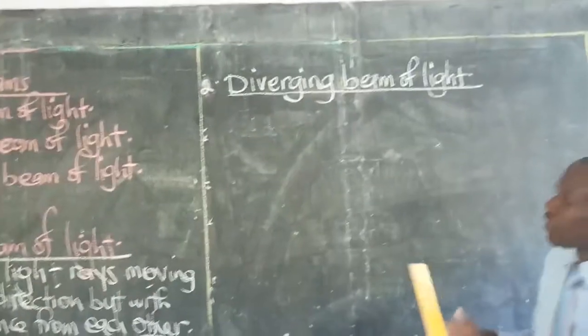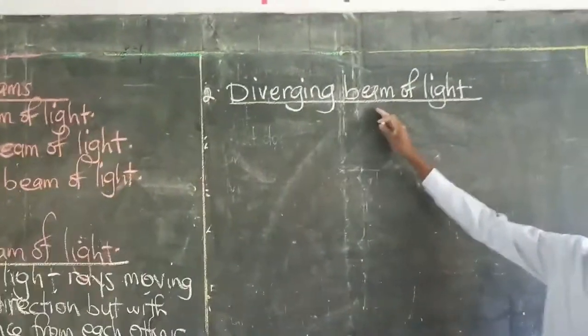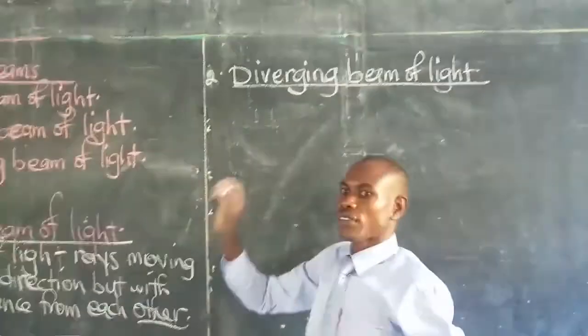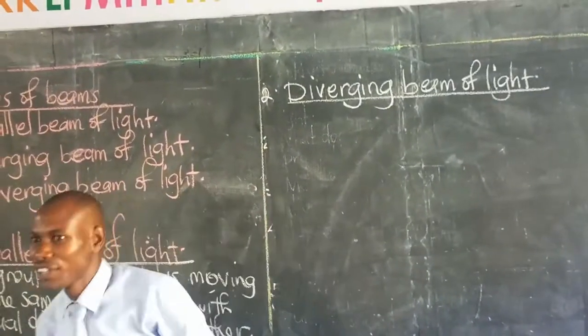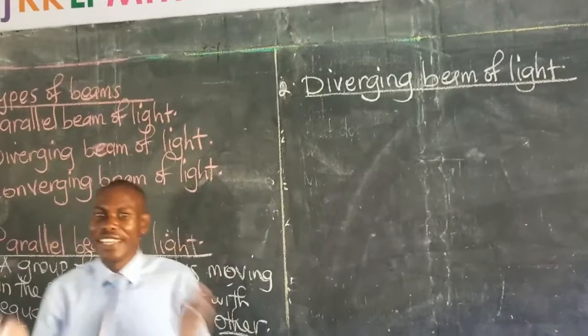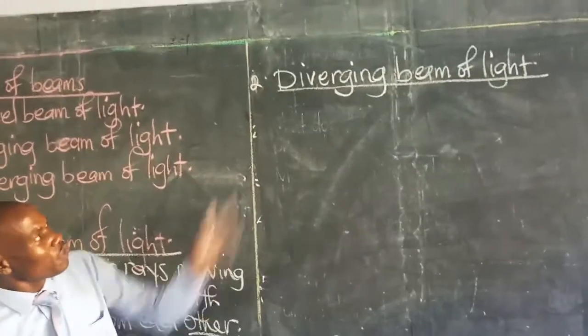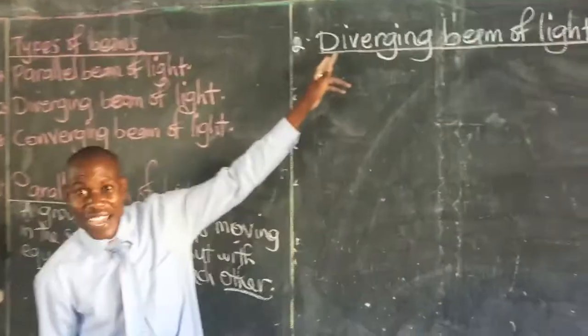Boys and girls, diverging beam of light. Somebody wants to read that heading? I'm giving you that opportunity. Are you reading? Yes. Thank you very much. Now that you have read, the word is diverging.